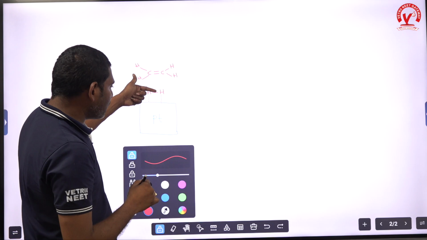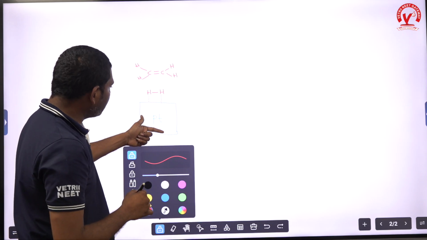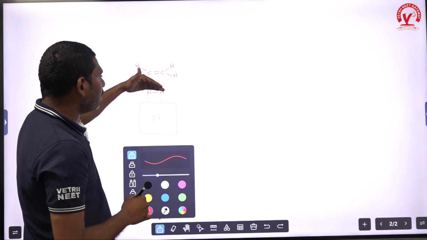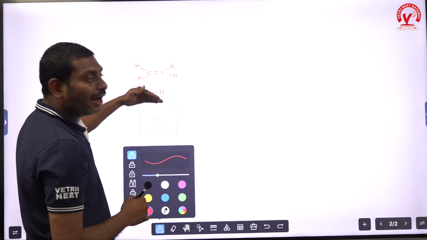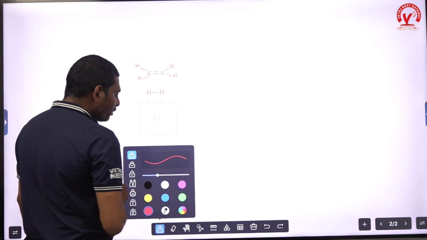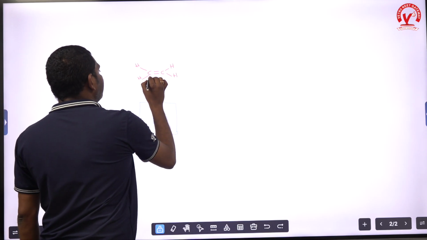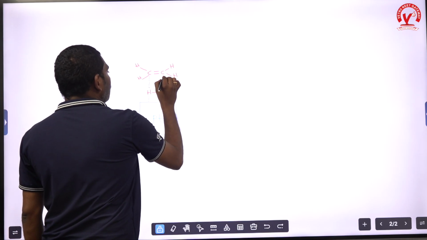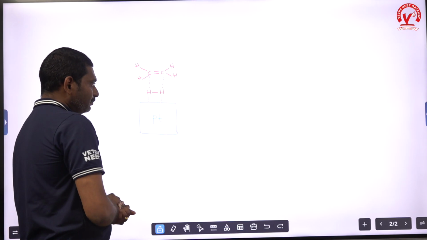First hydrogen gas is absorbed on the surface of the metal, then the alkene will come and hit the hydrogen molecule. At that time it will form a transition state between the hydrogen and carbon.